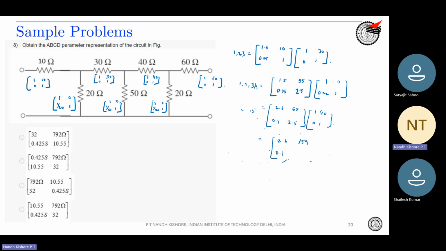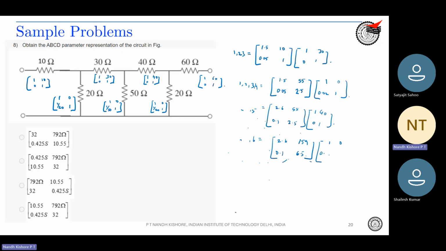This is going to be 0.1. 0.1 into 4 plus 2.5, 6.5. Correct. I will do 6 multiplied with 6.